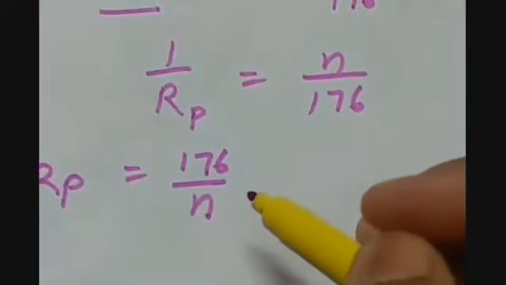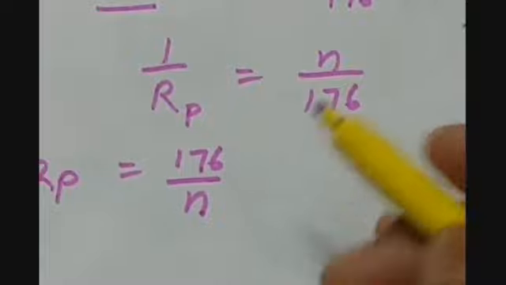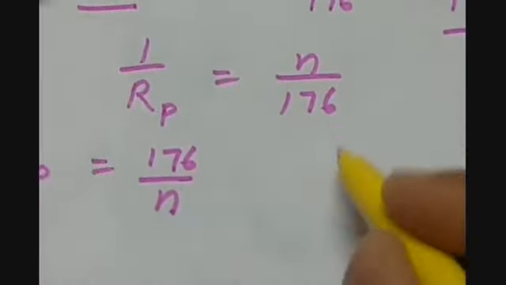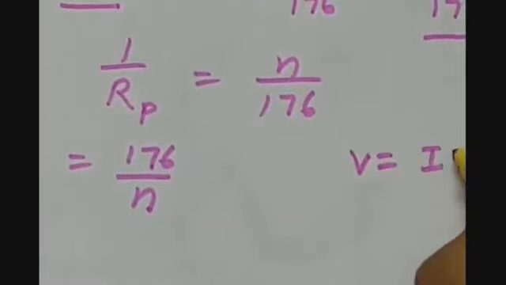We have the potential as 220 volts, current as 5 amperes. So let us calculate the value of Rp. As according to Ohm's law, we have V is equal to IR.